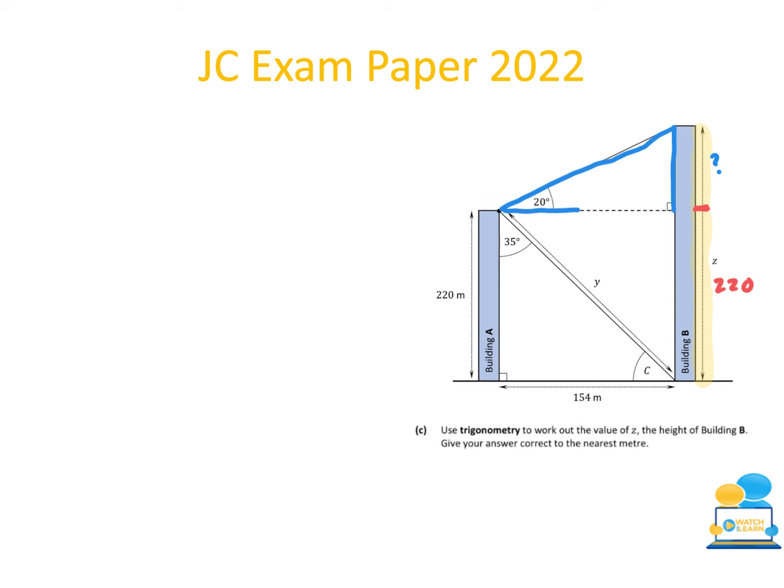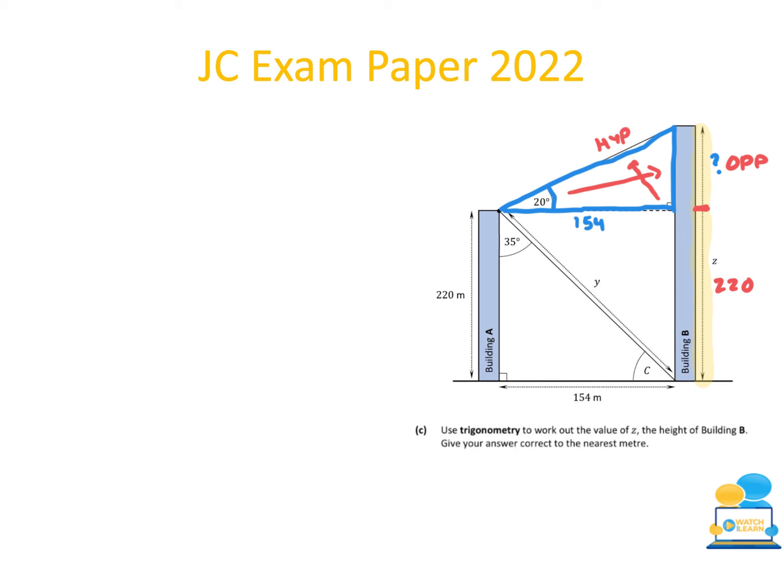In this right angle triangle, I already know that we have one angle that is 20 degrees. I know that the distance between the two buildings is 154 metres. Therefore, I know an angle and a side, which means I can use one of my trig ratios. So focusing on angle 20, the side that I want to find out is my opposite side. My hypotenuse side across from my right angle is unknown.